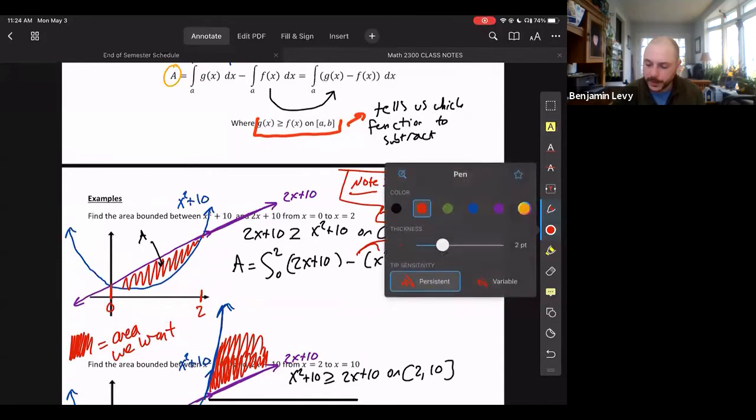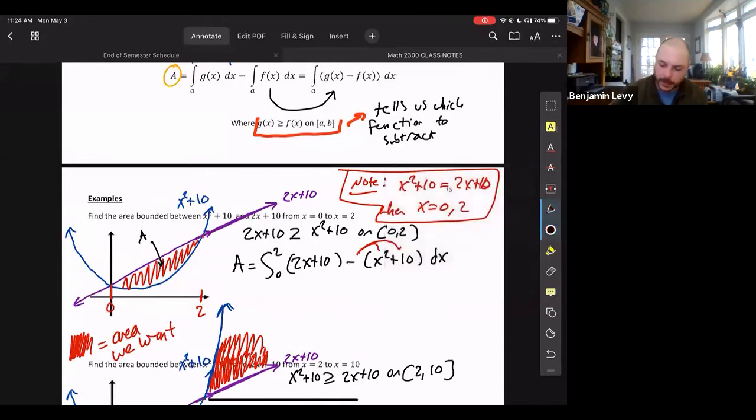So I'll go ahead and finish that one just for completeness. This is going to be the integral from 0 to 2. The 10s are actually going to cancel because we'll have 10 minus 10. So then we'll have 2x minus x squared, right? And that's really easy to do.